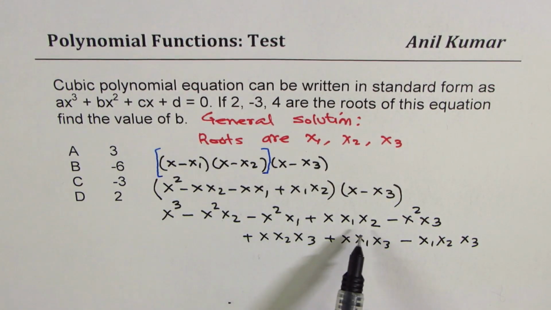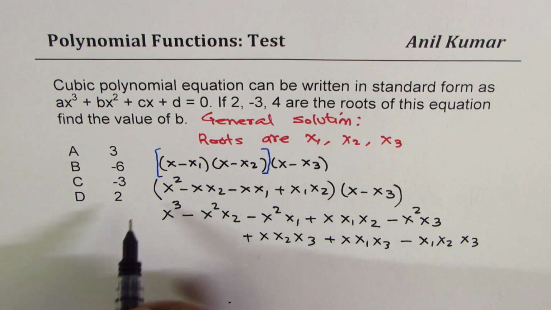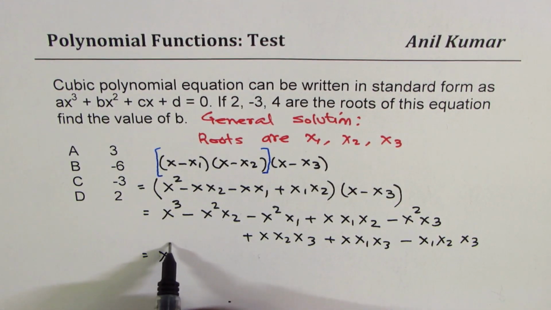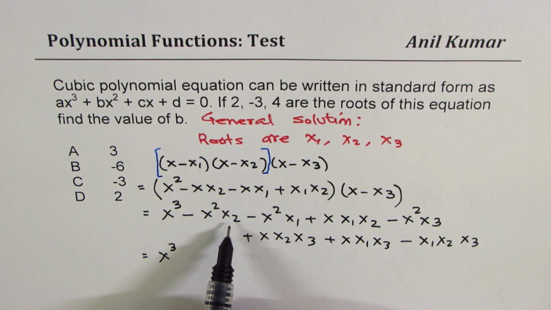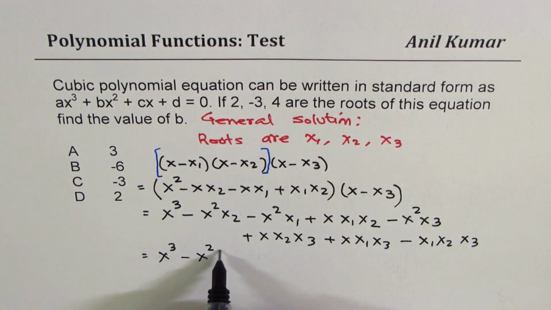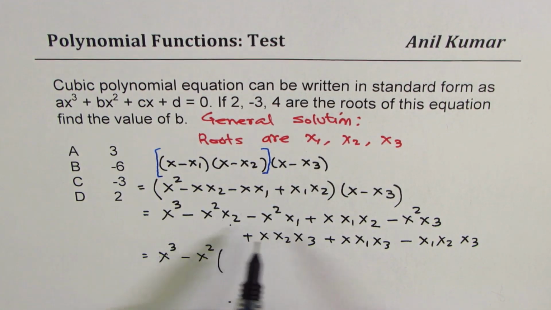Now if you combine the like terms, you will get x cubed. Let's look into the coefficient of x squared now. Let's take minus x squared common, and we get x2, x1 and x3.